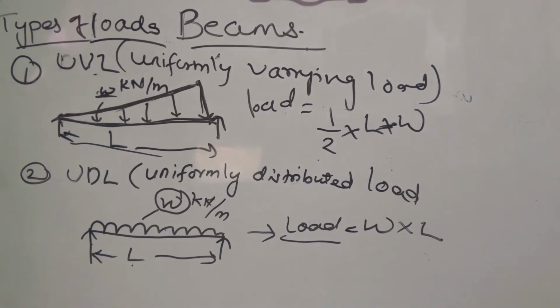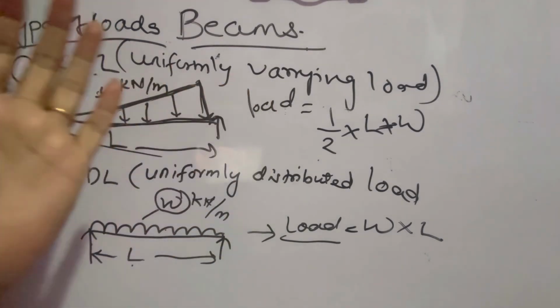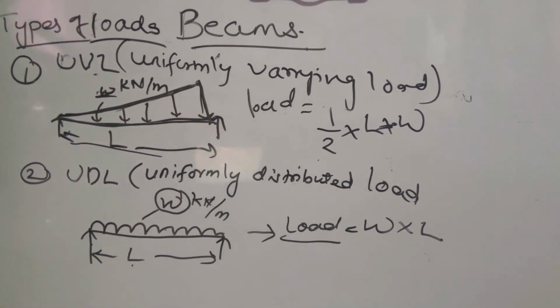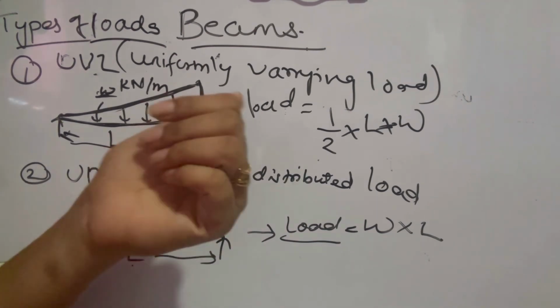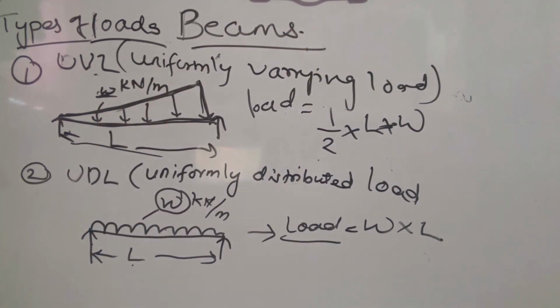So this is your load conversion from UVL to the point load. So till now what we have studied: point load, UDL and the UVL, and these are the very important part of this topic. You need to understand this first, then only you will be able to solve the further part of the problems.